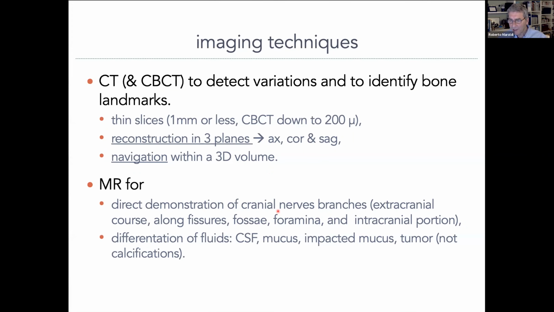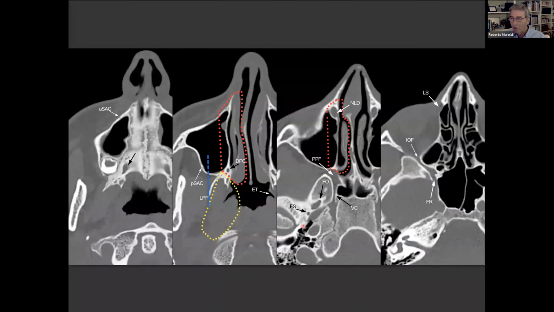Therefore, the imaging techniques that we can use are the CT and cone beam CT. MRI is, I would say, very important for the direct demonstration of other structures, linear branches running along fissures, fossa, foramina, or fluid.